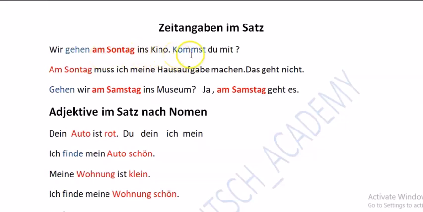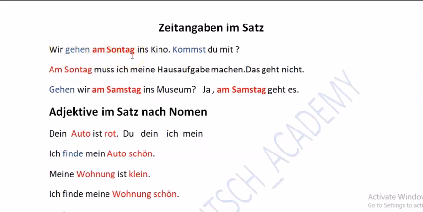Then we ask our friend, kommst du mit? Are you coming with us? Our friend says, am Sonntag muss ich meine Hausaufgabe machen. Das geht nicht.